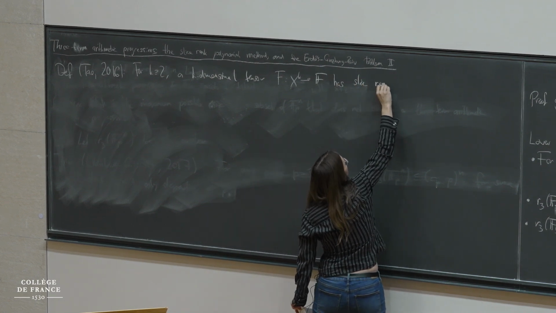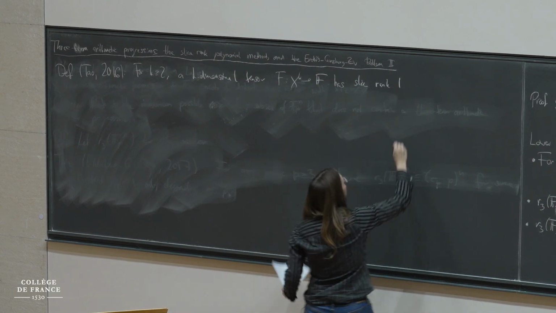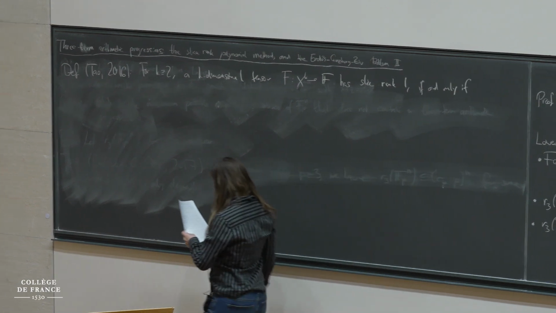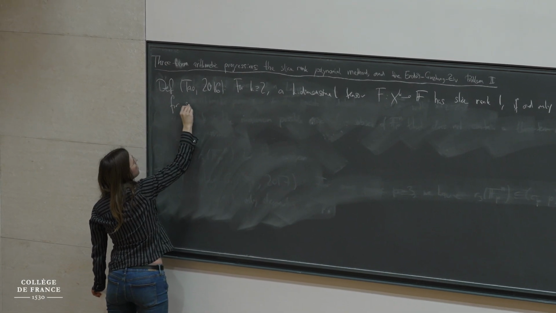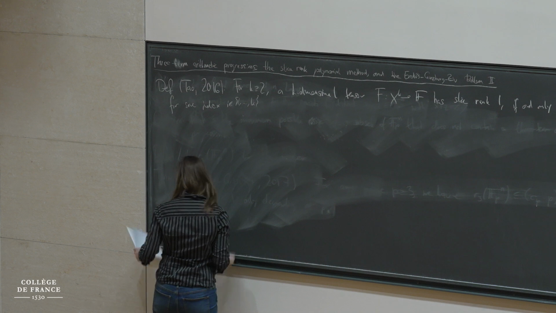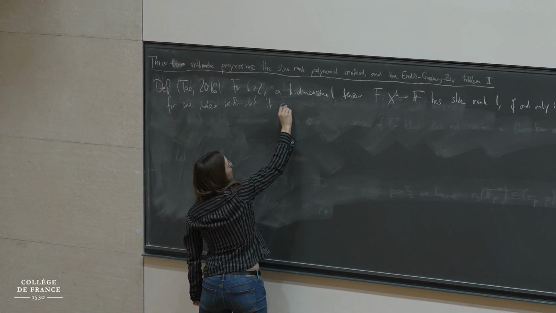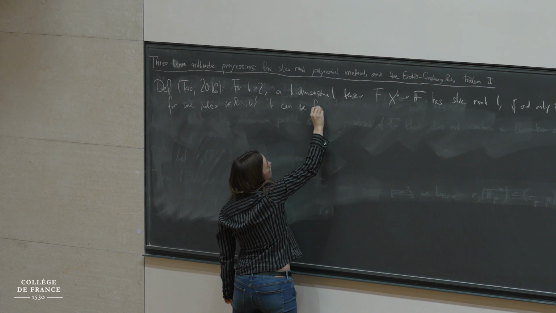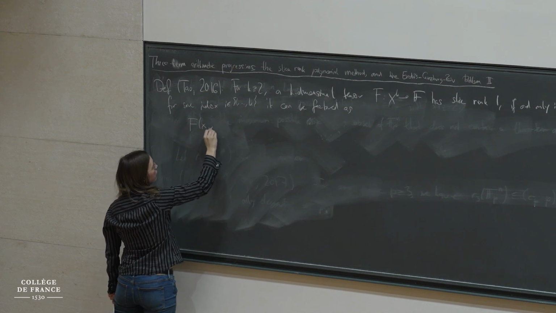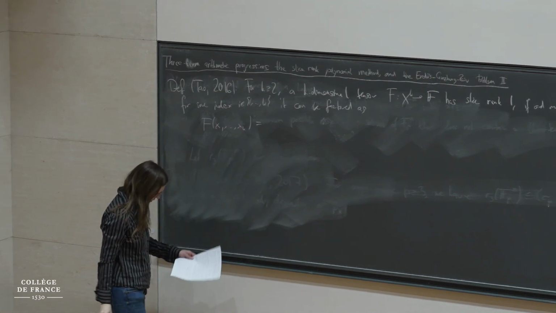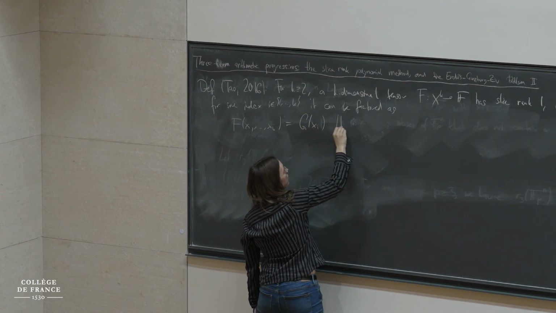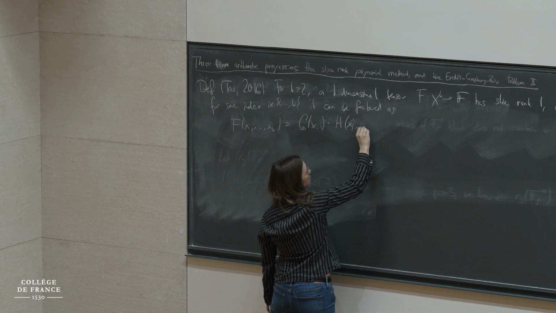So we say this has slice rank 1 if and only if for some index i the tensor can be factored in the following way, that f of x1 to xk can be factored into a first factor, which is a function of just xi, times the second factor, which is a function of the remaining variables.